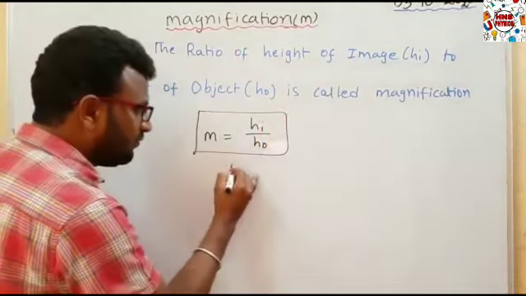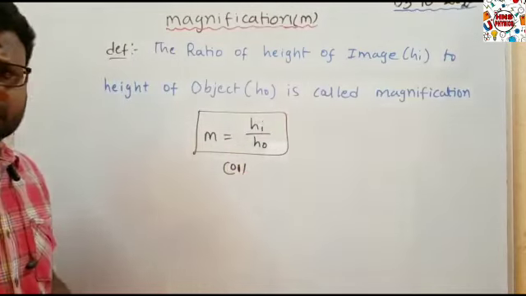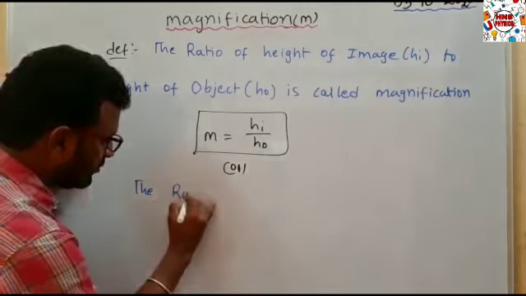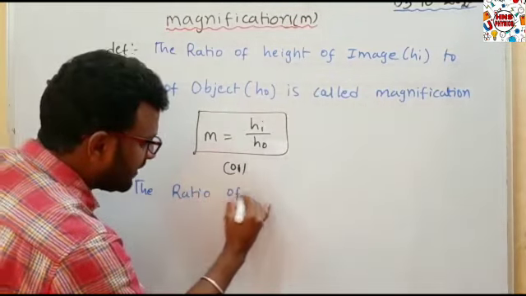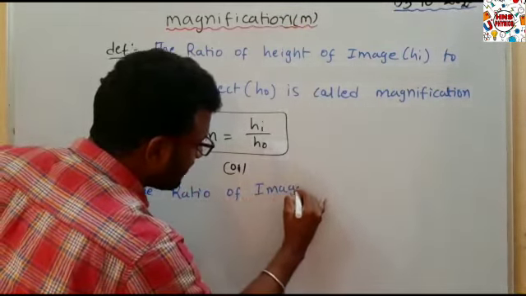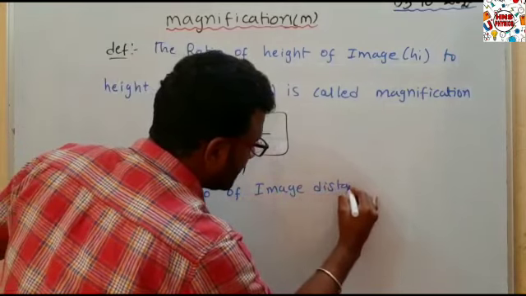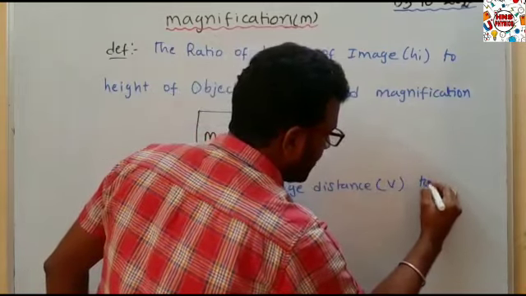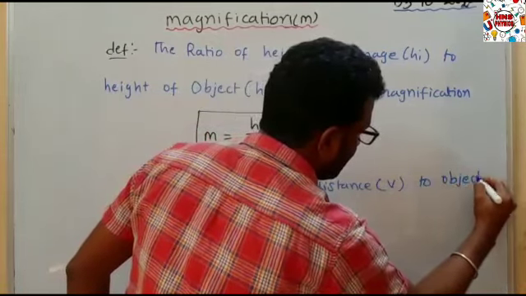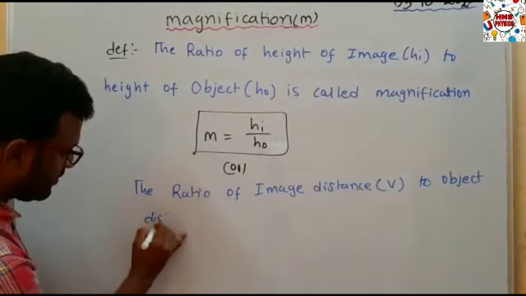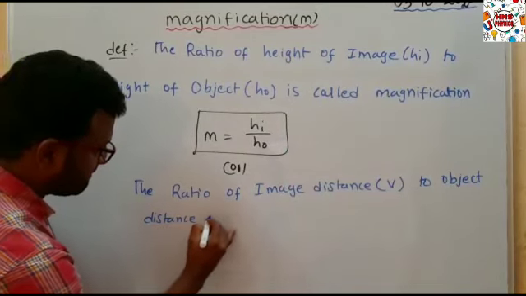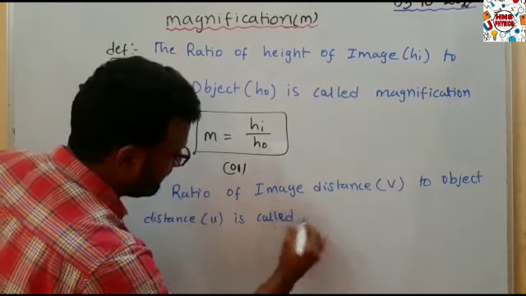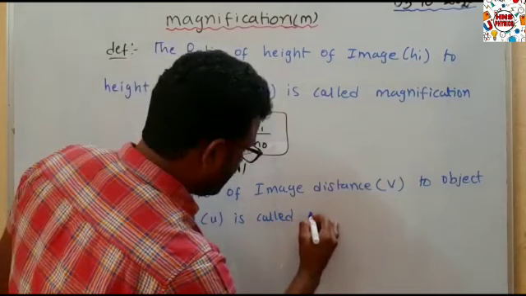And here one more formula also there for magnification. That is the ratio of image distance to object distance is called magnification.